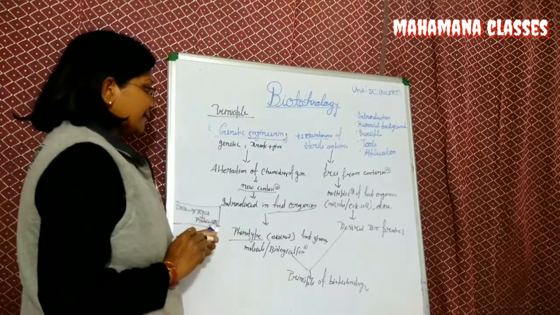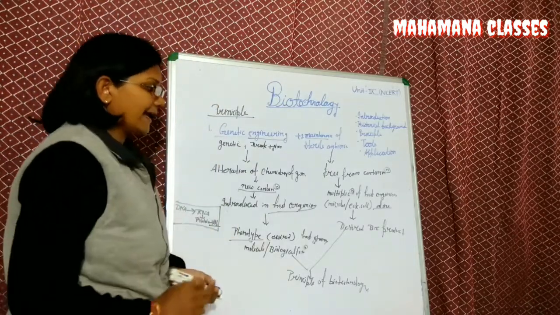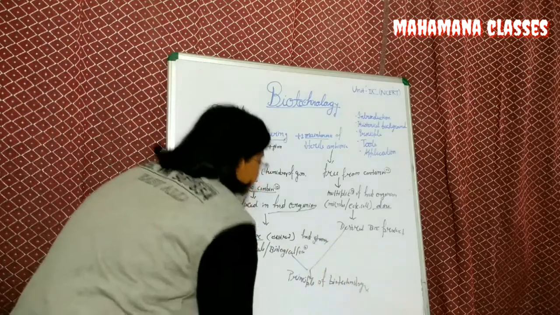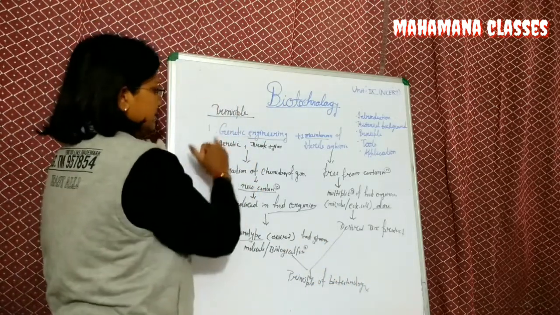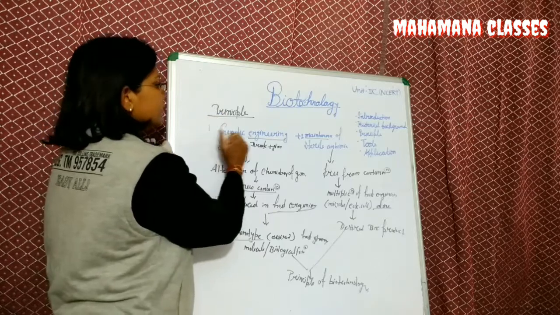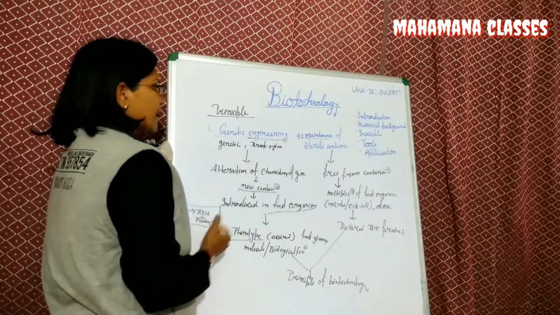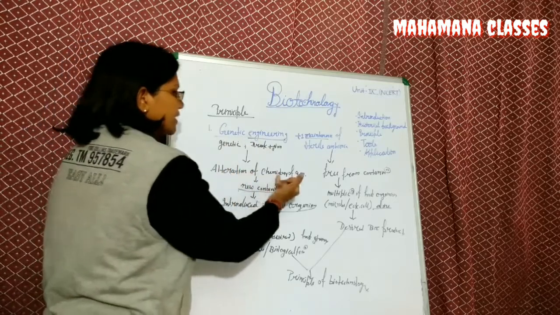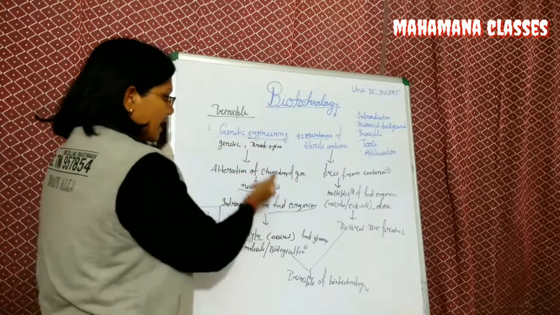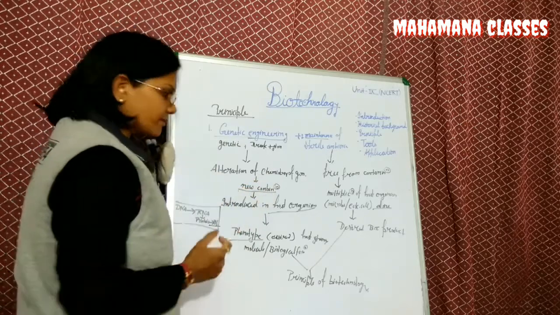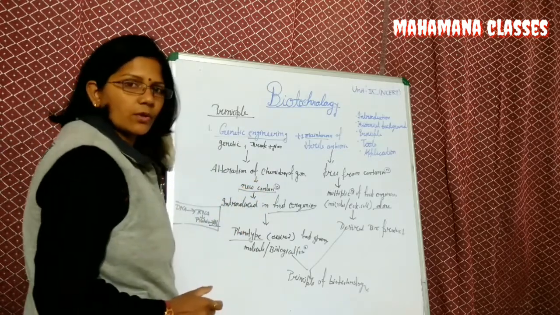Now let us see it once again. The principle includes two techniques, genetic engineering and maintenance of sterile ambience. In genetic engineering, we change the chemistry of genetic material, which creates a new combination. This new combination is introduced into the host organism.